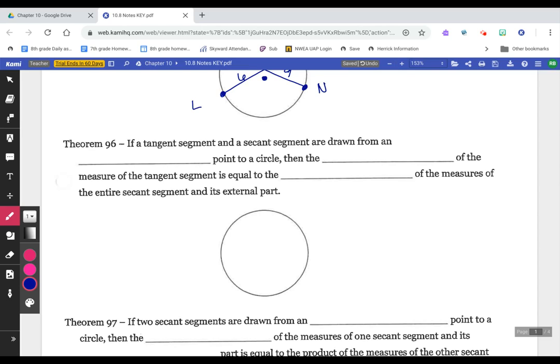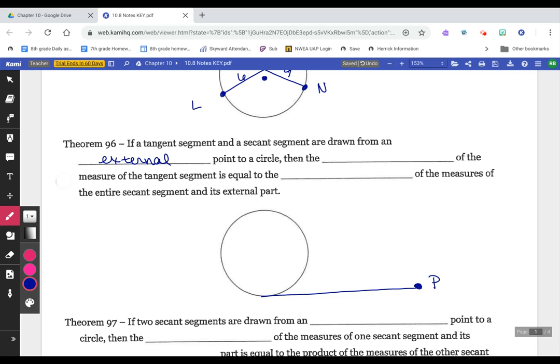If a tangent segment and a secant segment are drawn from an external point to the circle, so let's put an external point right here, we'll label it P. So that'll be a line that's tangent.